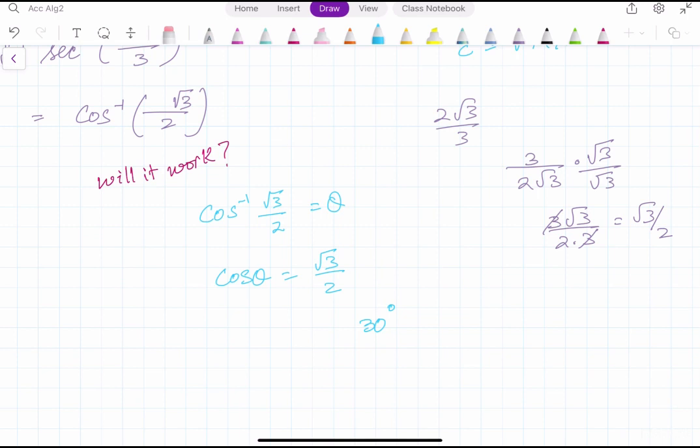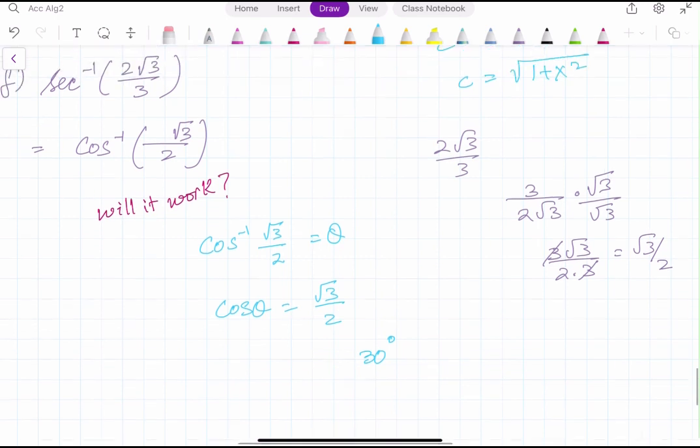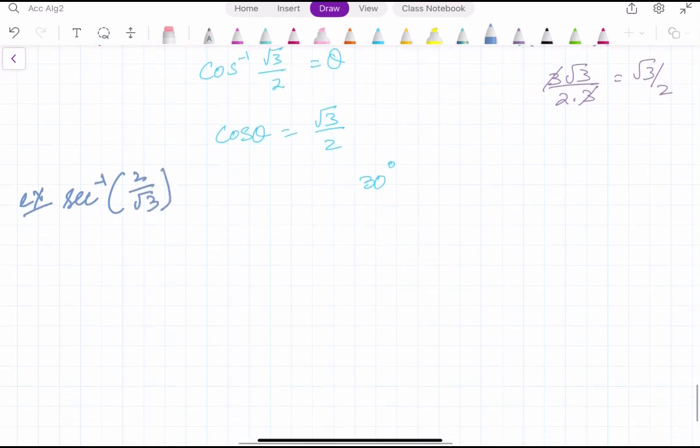It will be 30 degrees. Okay, now we have secant inverse 2 radical 3. Let's see what will happen with this one. So cos inverse will be radical 3 over 2, and that will be the same as before. Thank you.